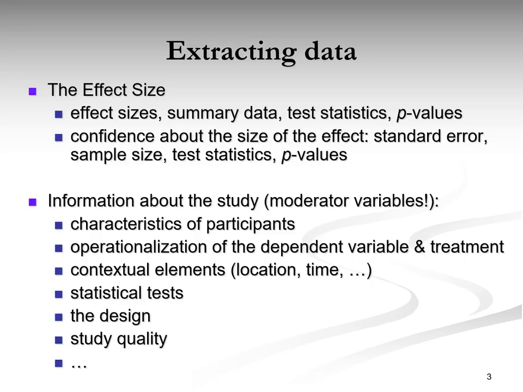This is not only interesting for doing moderator analysis afterwards, but it's also a good idea in your systematic review to give a clear overview of what the studies that you found look like.